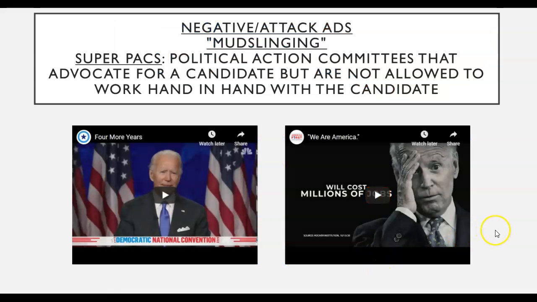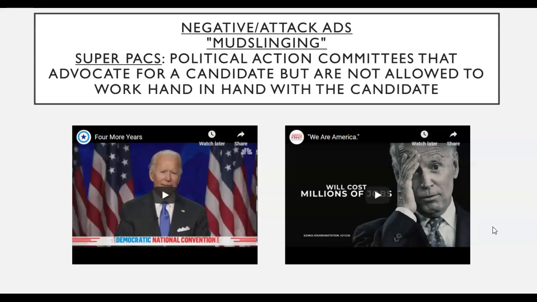Okay, negative ads, mudslinging. Those are ads that you've probably seen on TV where it's just kind of mean-spirited, I guess you could say. They go out on personal attacks. They try to make one candidate look foolish maybe, or evil maybe, or bad in some respects. Many of these are produced by super PACs. A super PAC is a political action committee.